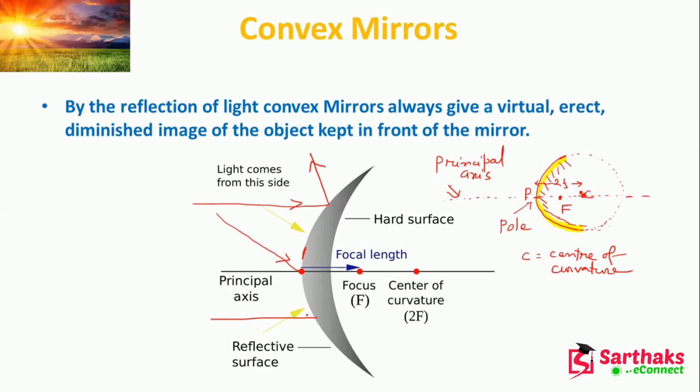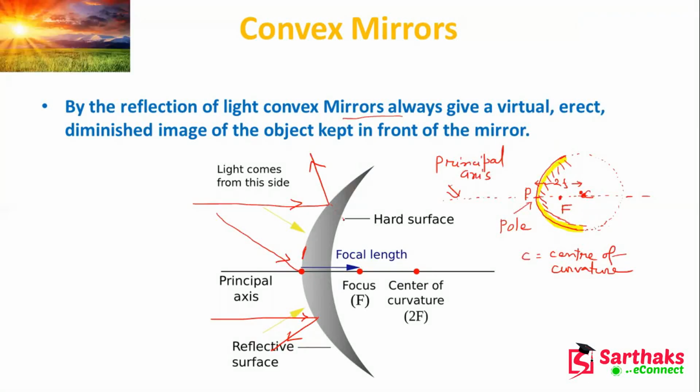If you have light from this side, it will be reflected from this surface too. So this is the reflecting surface, and light comes from this side. By reflection of light, convex mirrors always give a virtual, erect, diminished image of the object kept in front of the mirror.